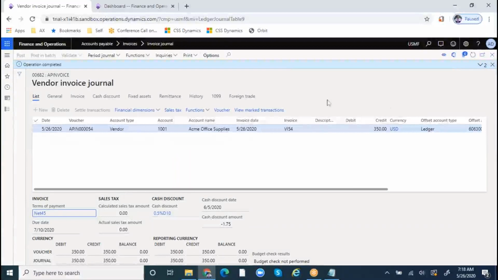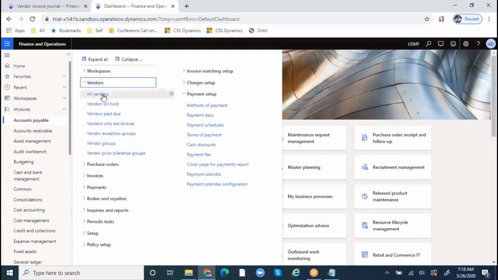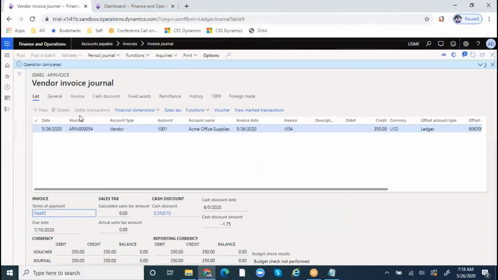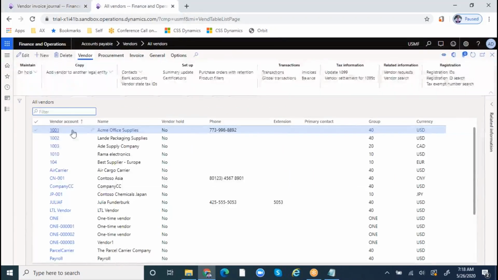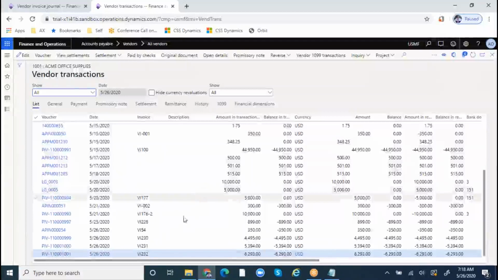Now once it is updated, if you go to the vendor account, you can open from here also, but I'm showing from the starting point. I'm going to vendor 1001 and clicking on transactions. Just now we have posted one invoice.